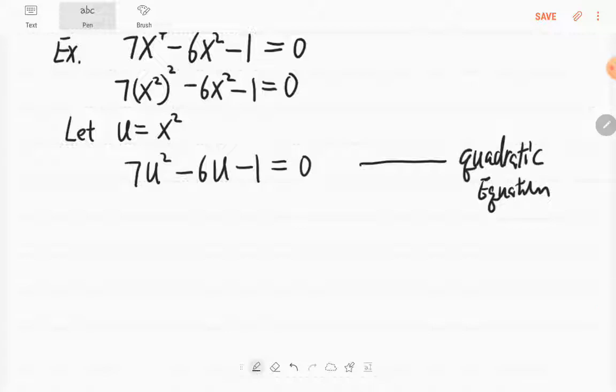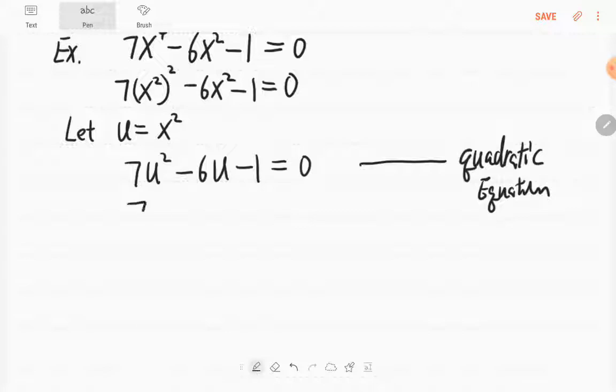Since this is a quadratic equation, you can use different methods. You can use the quadratic formula to find u, and you can also use factorization to find the solution u. Here we want to use factorization because for the quadratic formula, you just plug in the numbers. It's very easy. However, I want you to be familiar with factorization.